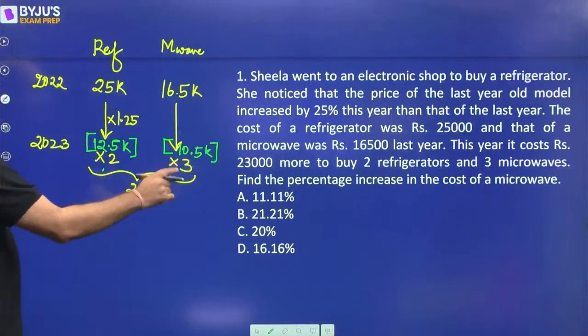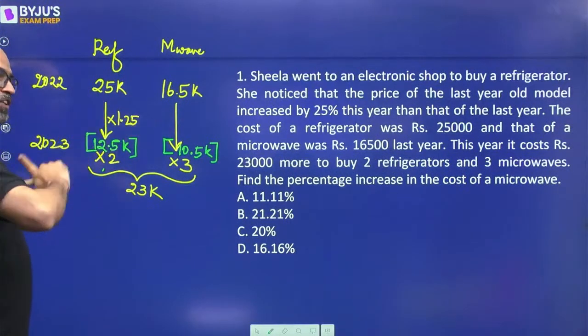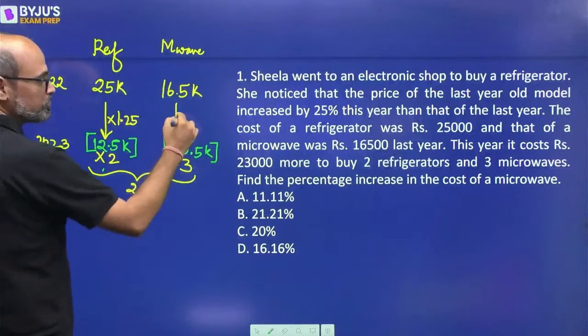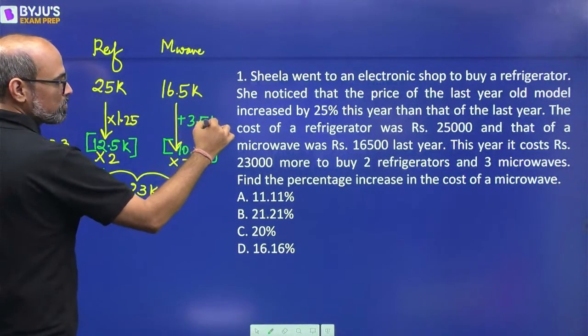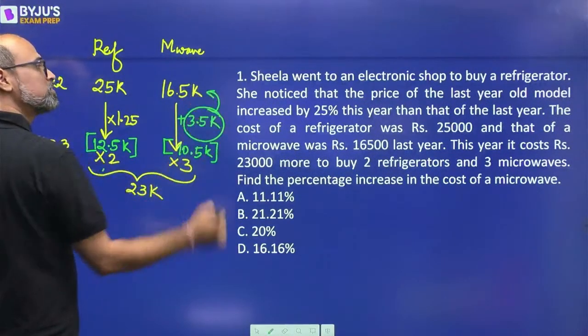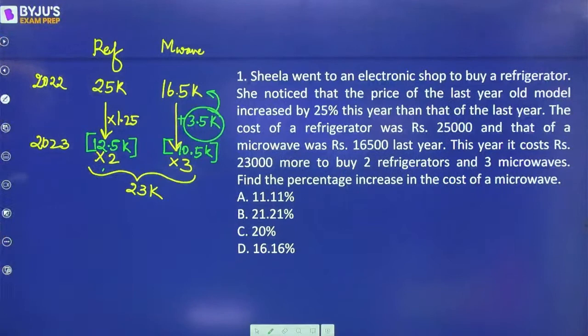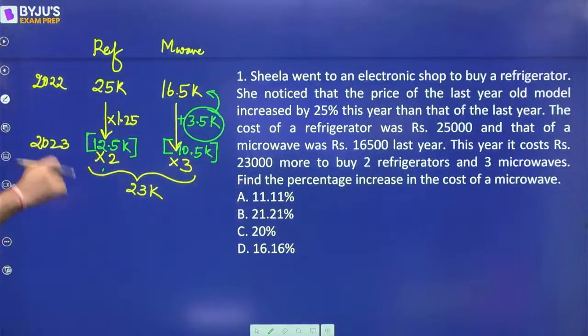But this 10,500 came from 3 microwaves. That tells us per microwave there should be an increase of 3,500. Now this 3,500 increase is what percentage of 16,500, right? So either you calculate 3.5 by 16.5 or you can approximate, because the options are pretty far.